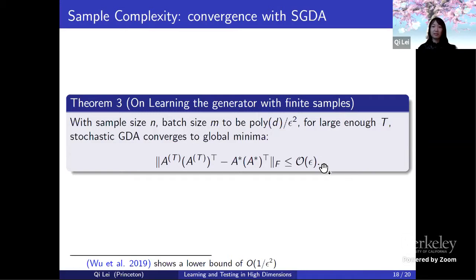Here we have the absolute value of the distance because we assume A star has unit norm. And actually this dependence on 1 over epsilon squared is optimal, because there is some prior work that shows a lower bound of order 1 over epsilon squared on learning such generative models.